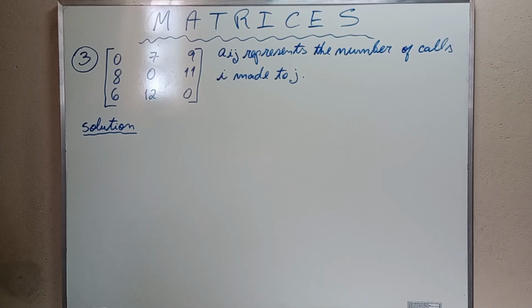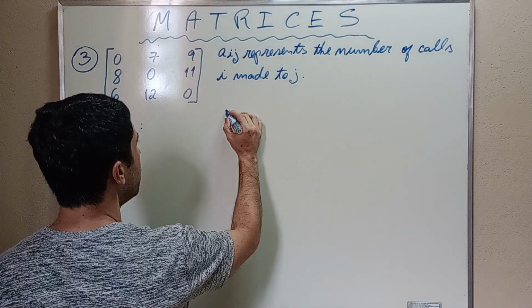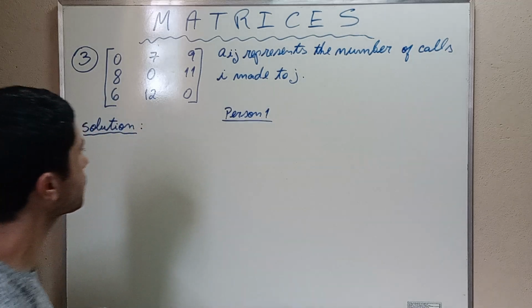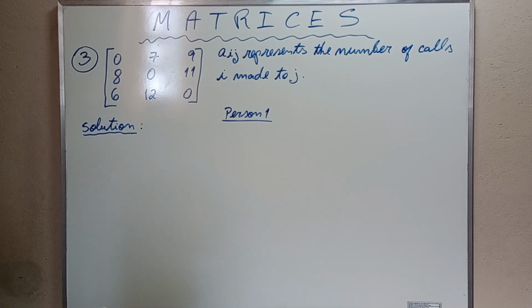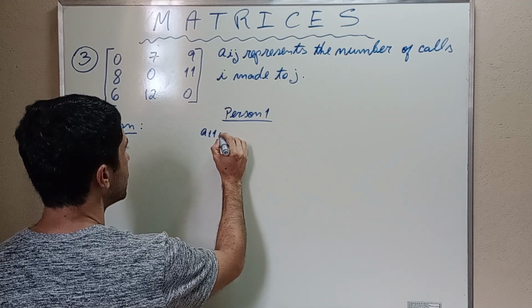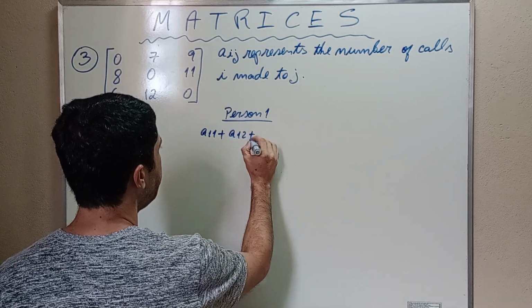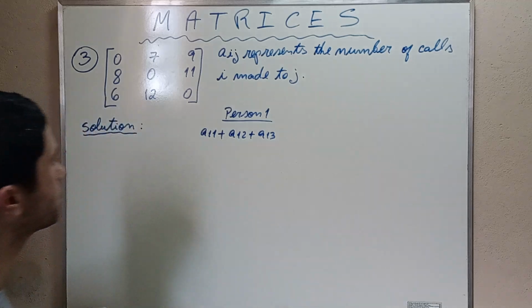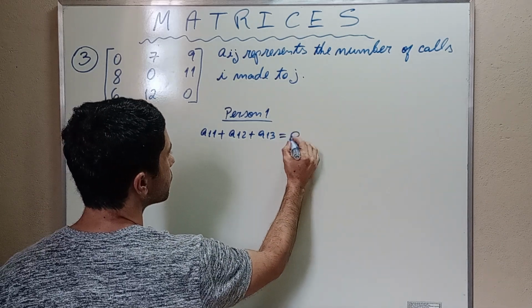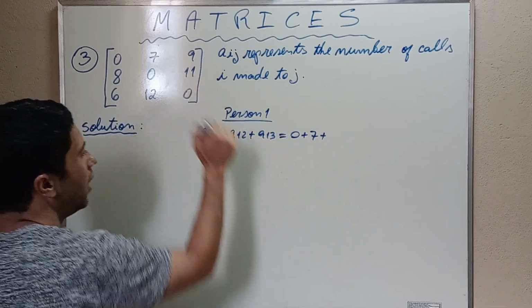Thus, let's go to the solution. For person number 1, the sum A11 plus A12 plus A13 is equal to 0 plus 7 plus 9.